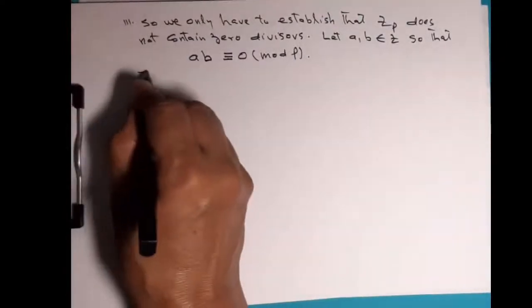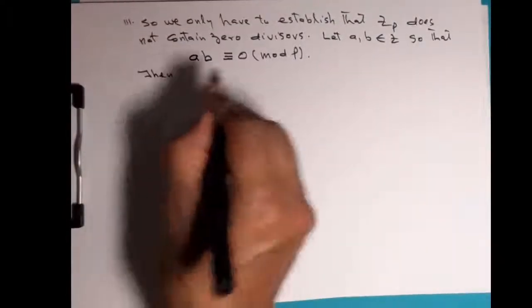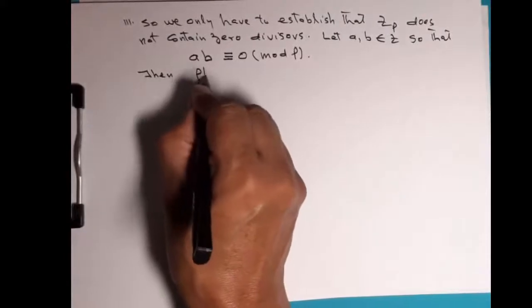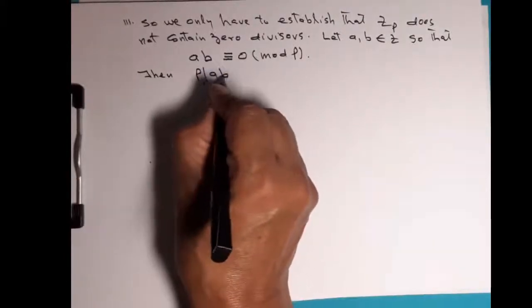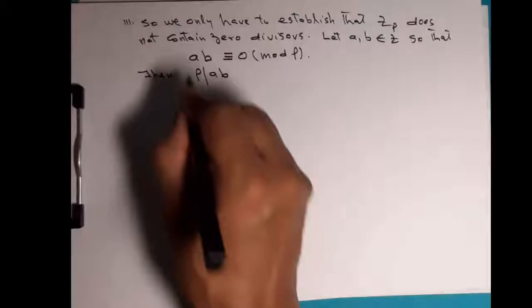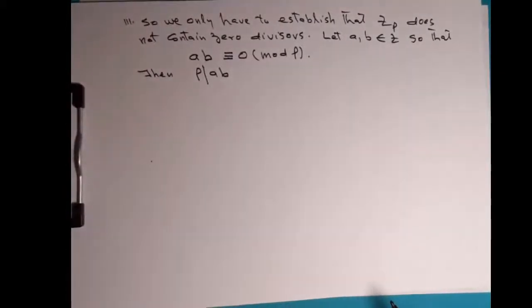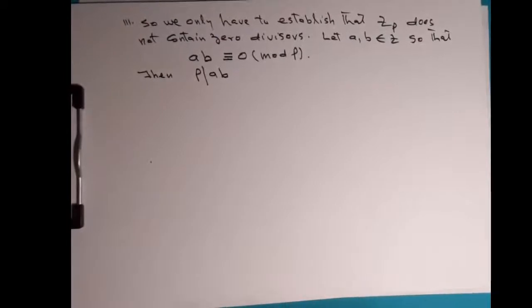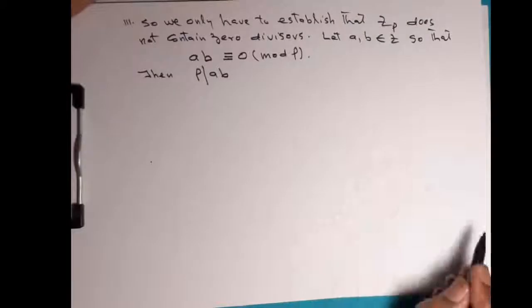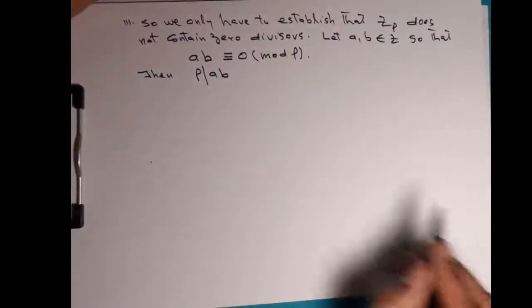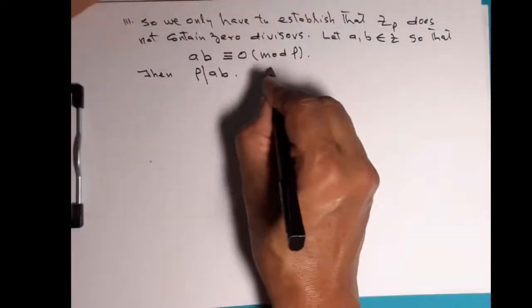Then what does this mean? This means that P divides the product of A and B. This is what congruence is, interpreted in terms of dividing the integers. So P divides the product of A and B, but P is prime.